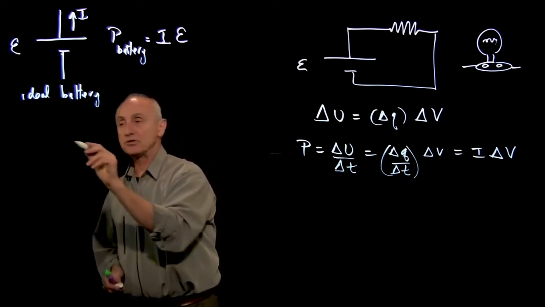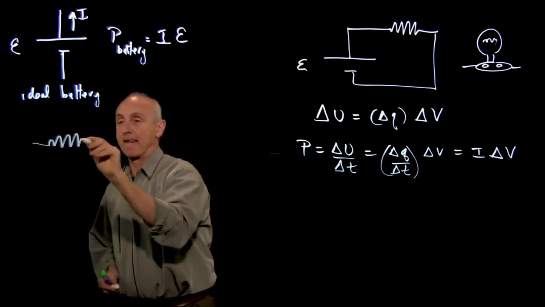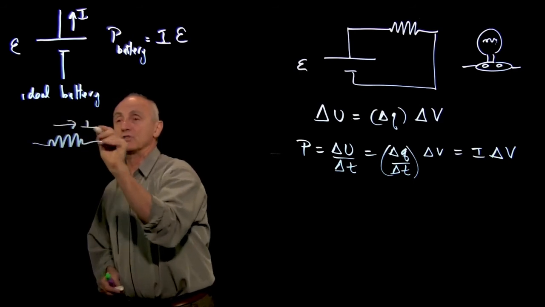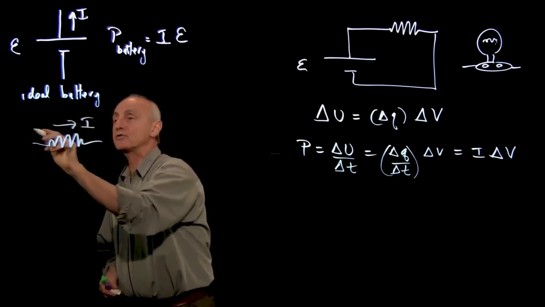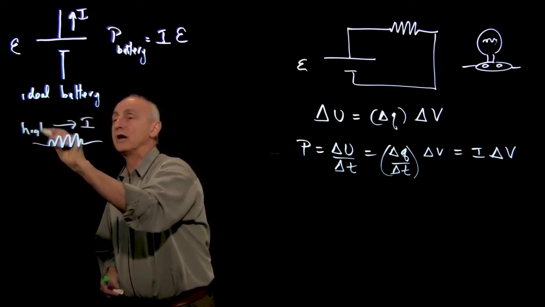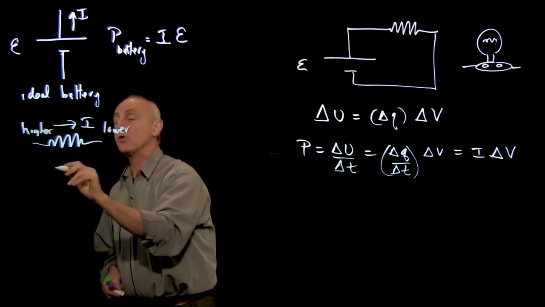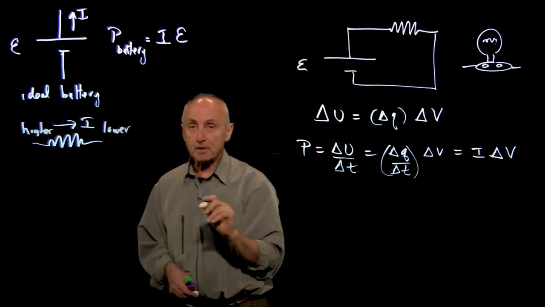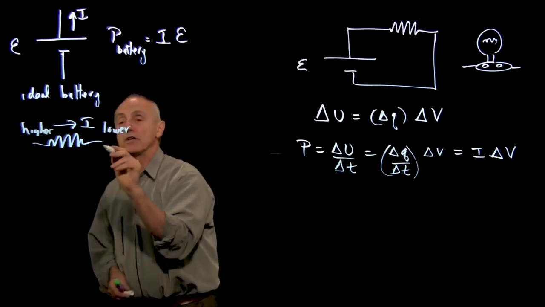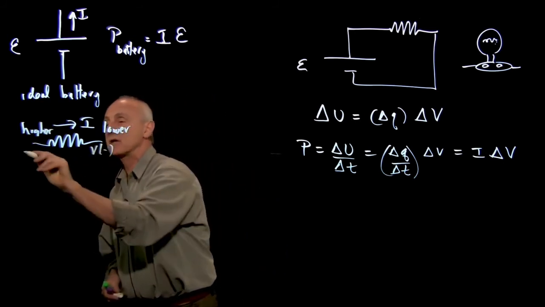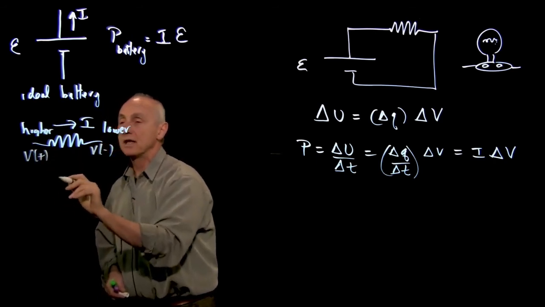The second example is, let's look at a resistor. And we have a current in the resistor. And remember, current flows from the higher potential side to the lower potential. So let's call these V minus and V plus.